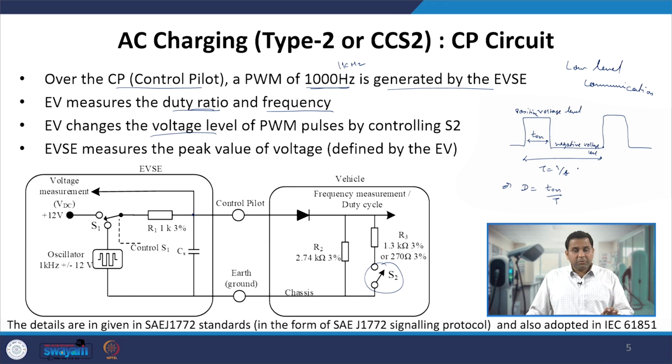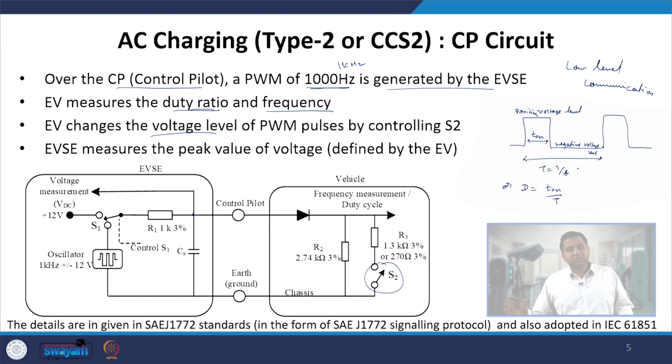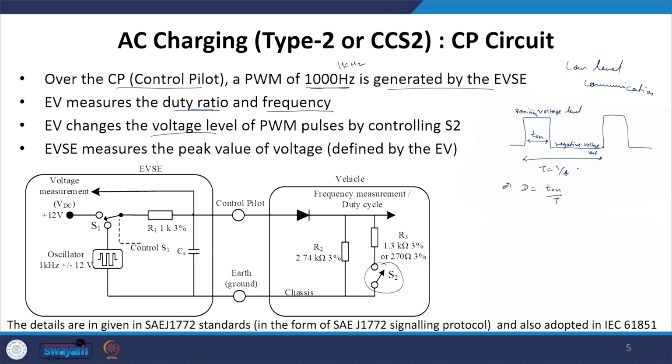Remember, these are the PWM pulses which are taking place over the CP line between the EVSE and vehicle. This is not the pulse width modulation which is being used to control the power in the power conversion unit. In the power conversion unit, the pulse width modulation of the gate pulses takes place using a dedicated controller which is used to control the power flow.